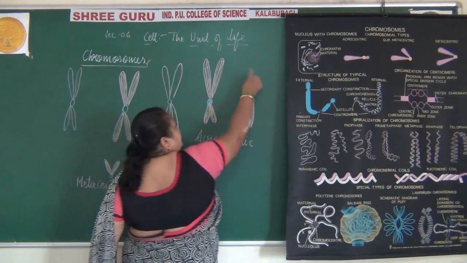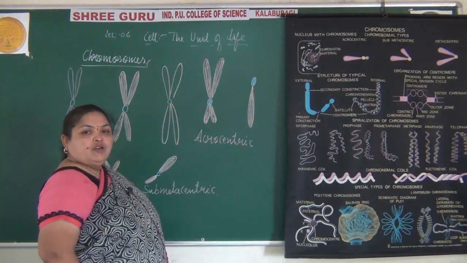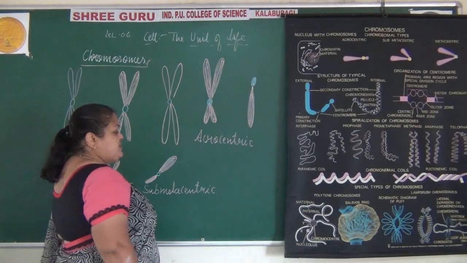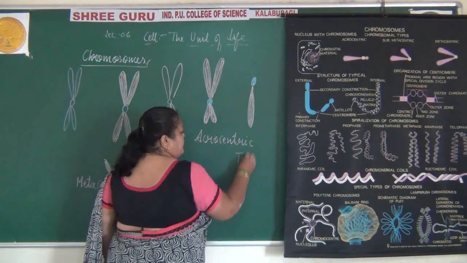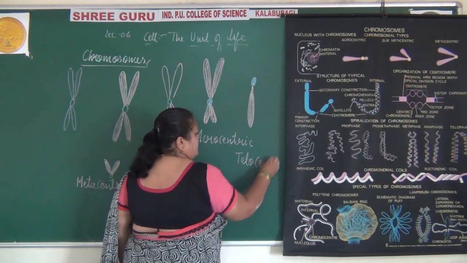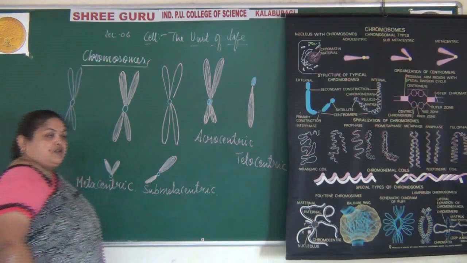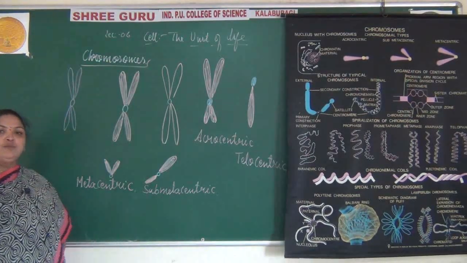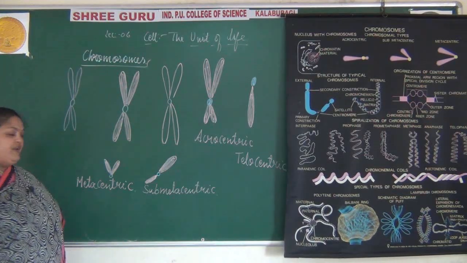There is no arm at one side. You will find only one arm or one chromatid, which appears to be I shape and is said to be telocentric. So, based on the position of the centromere, they are classified into four types.